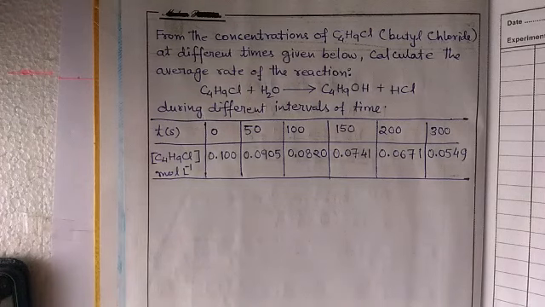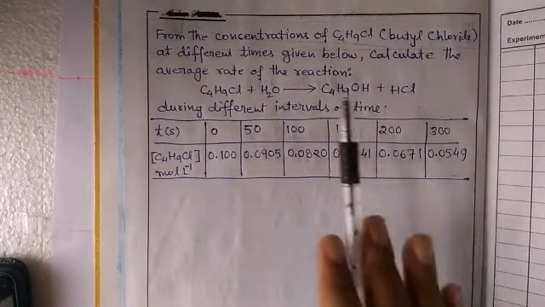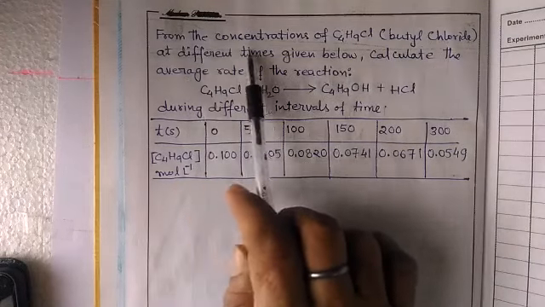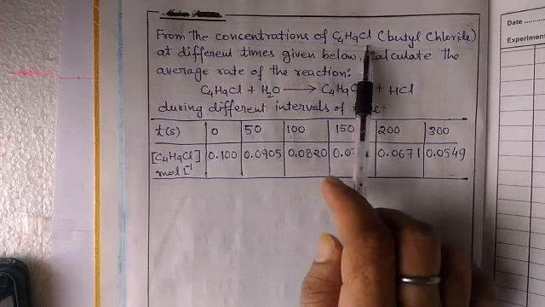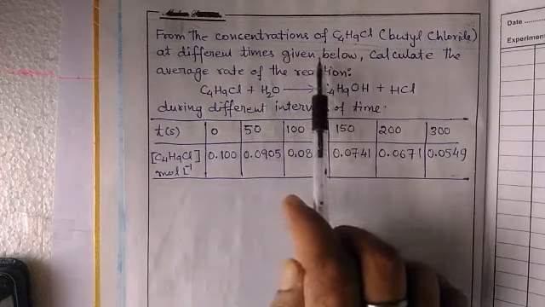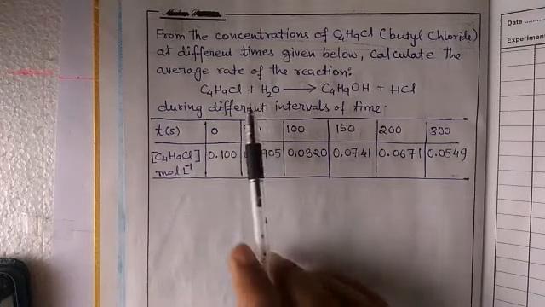Now let's take an example for the calculation of rate of a reaction, average rate of reaction. For this we have a question. I have taken this question from the textbook. From the concentrations of butyl chloride, C4H9Cl, at different times given below, calculate the average rate of the reaction.